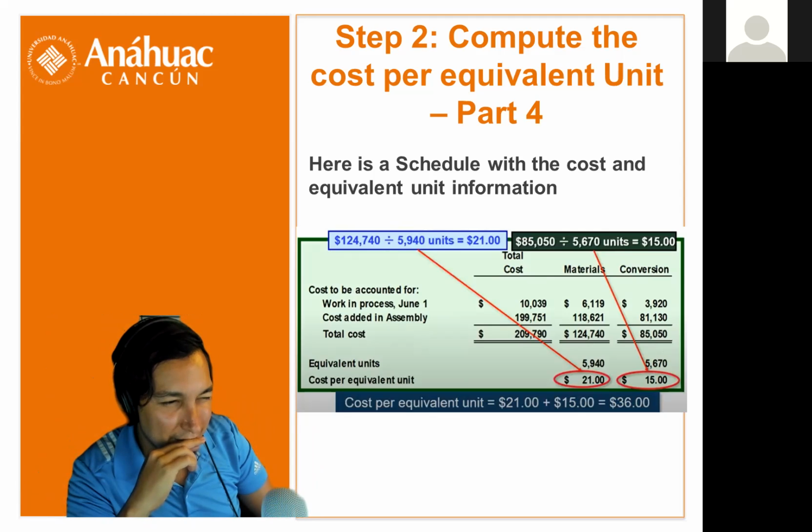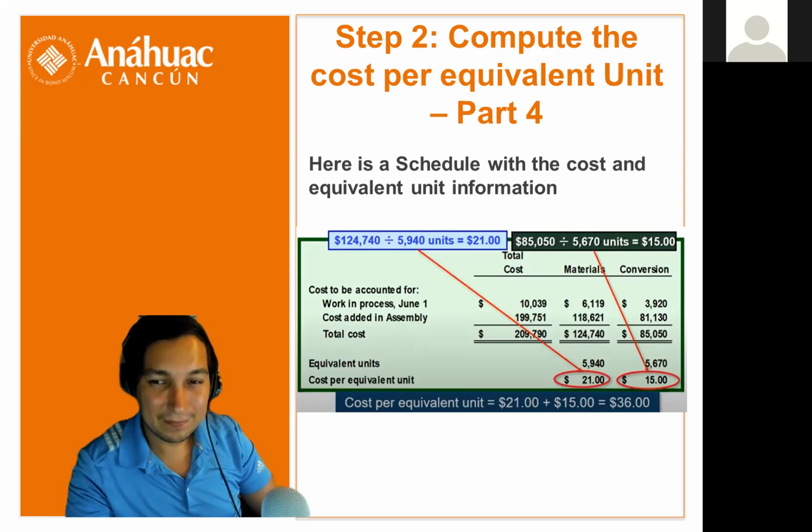And I got 36.13, which is not that far off. So I'm guessing that's where we're getting to with the weighted average method. Yes, okay, exactly.